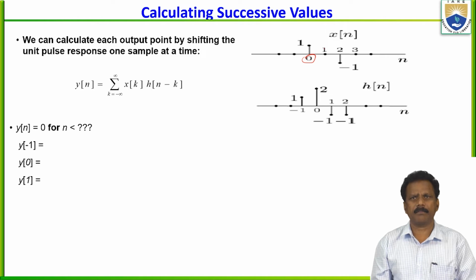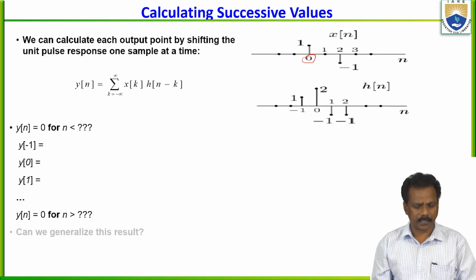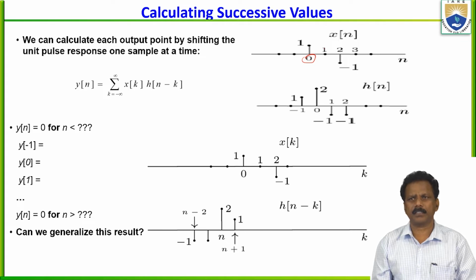We can easily verify that y of n is equal to the summation from k equals minus infinity to plus infinity of x of k times h of n minus k, and so on. So y of n is equal to 0 for n less than some minimum value or greater than some maximum value. Can we generalize these results with reference to k versus x of k?